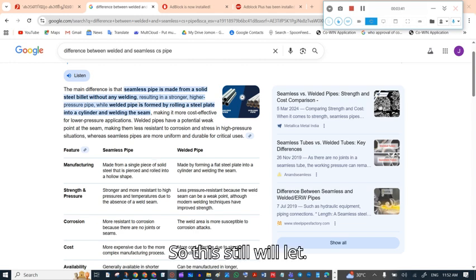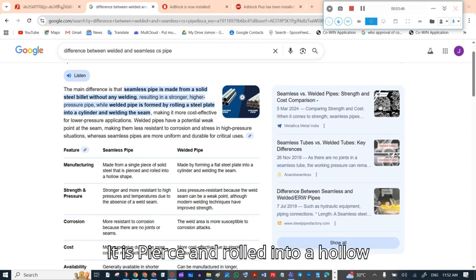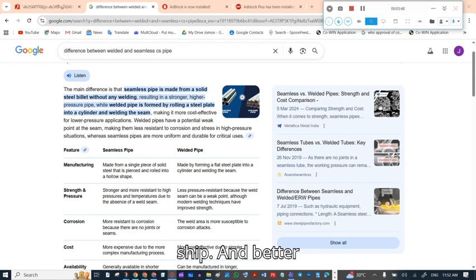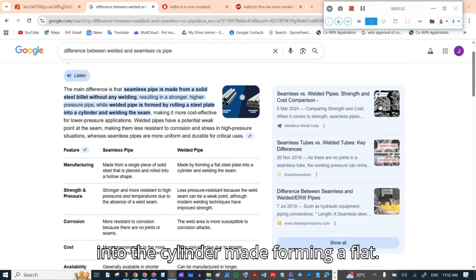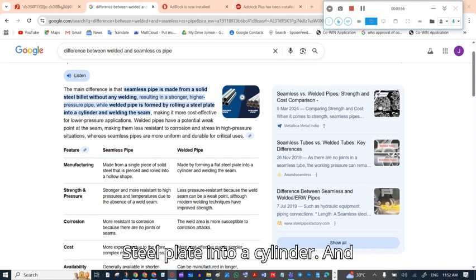This steel billet is pierced and rolled into a hollow shape. Welded pipe is made by forming a flat steel plate into a cylinder, and the seams are welded.